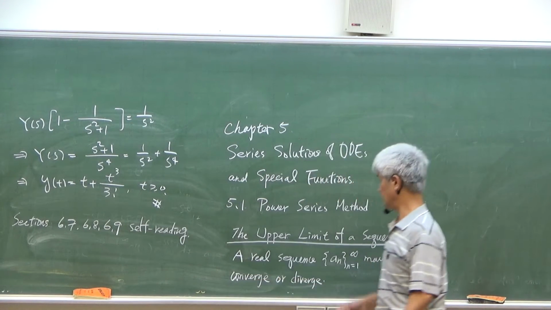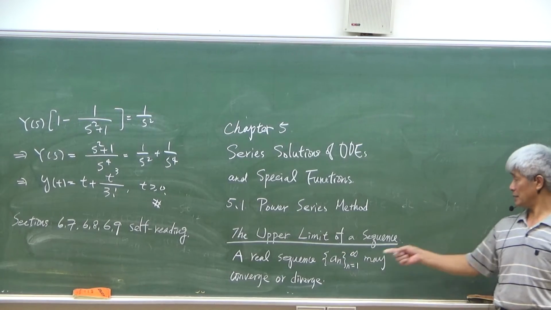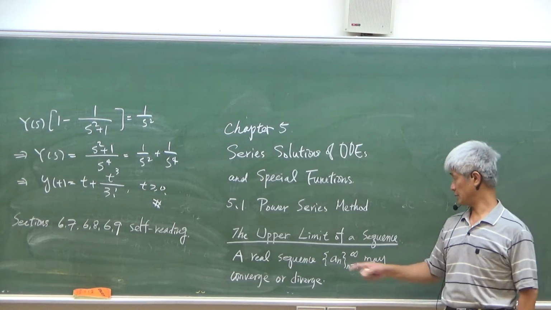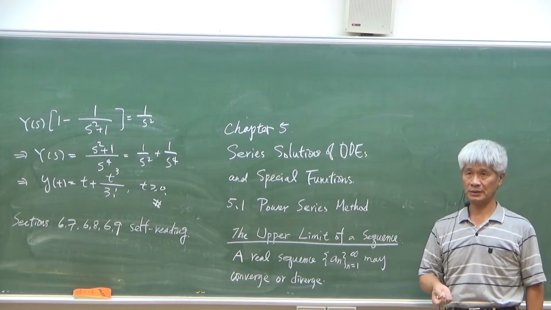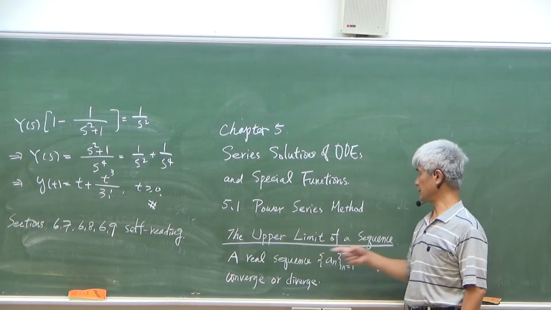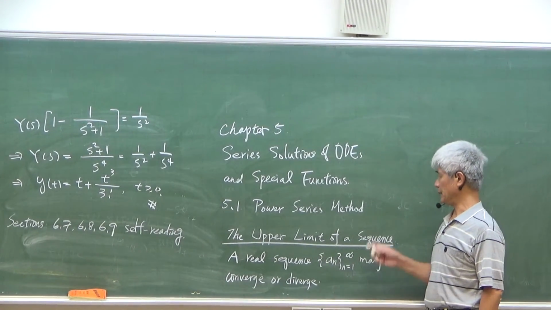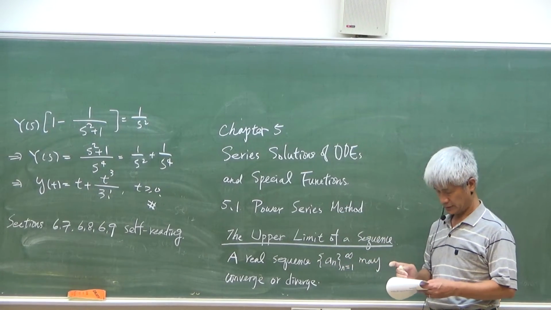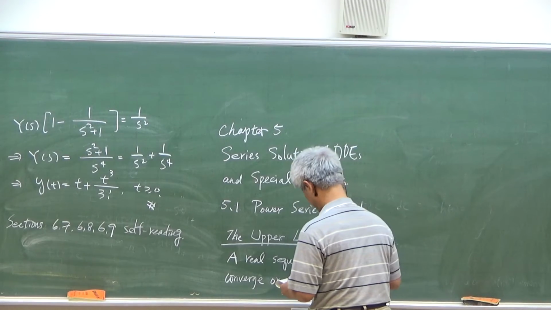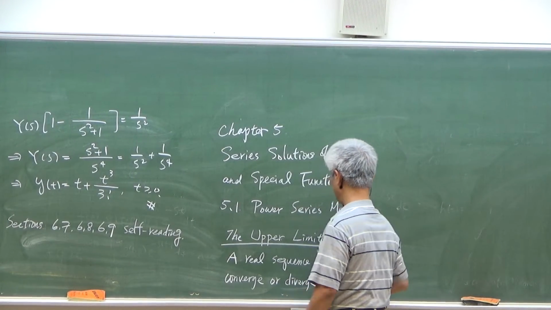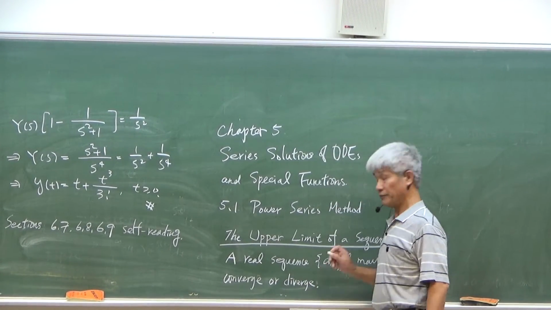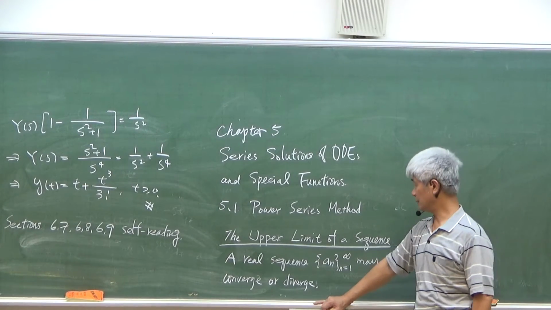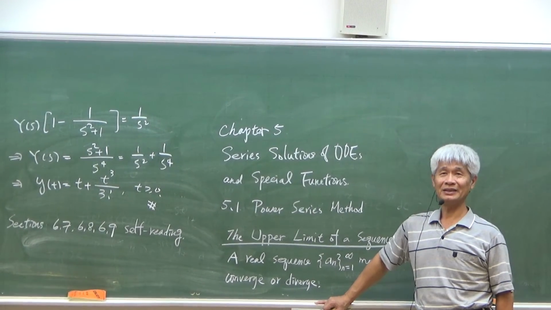Okay, so real sequence means a sequence of real numbers. So a_n are real numbers. And any such real sequence may converge to a limit or diverge. And it's a very troublesome subject, right? When you learn calculus.